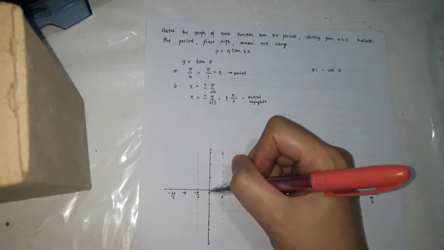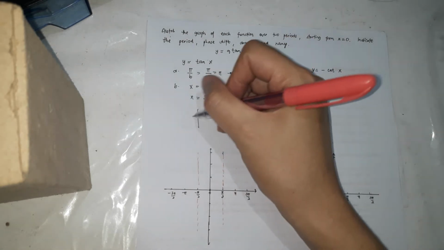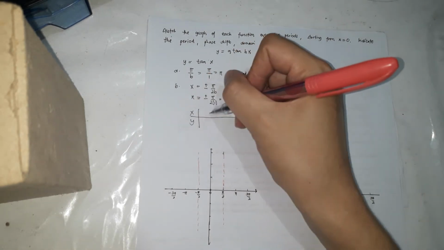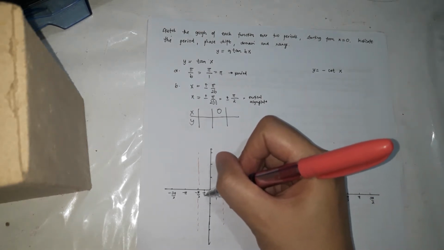Next, you're going to identify 3 points in here. In the middle is 0, then pi over 4, and negative pi over 4.